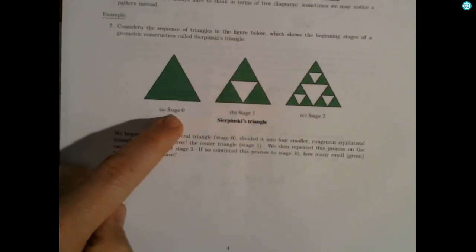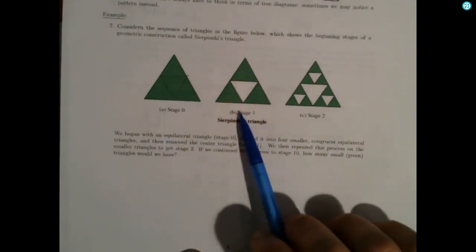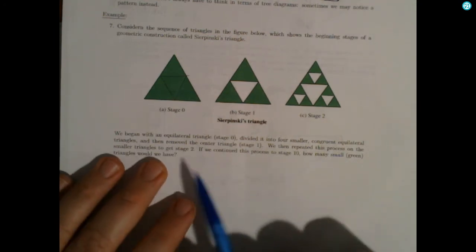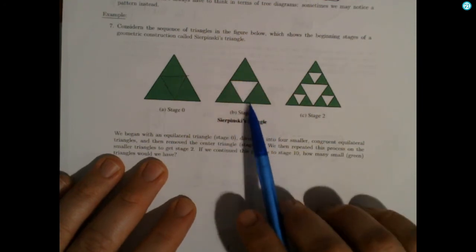So that's stage 0. And then we divide that triangle into 4 parts by drawing congruent equilateral triangles. So we've split it into 1, 2, 3, 4 parts, and then we remove the middle one, and that's how we get to stage 1. And then we repeat this process on each of these smaller triangles to get to stage 2.